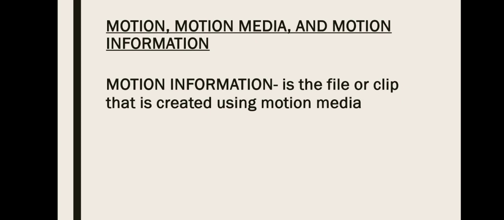For example, a video clip of a sport event, an animation, or an animated presentation with moving visuals. Those are all examples of motion information because they involve the use of moving images to convey information or tell a story.